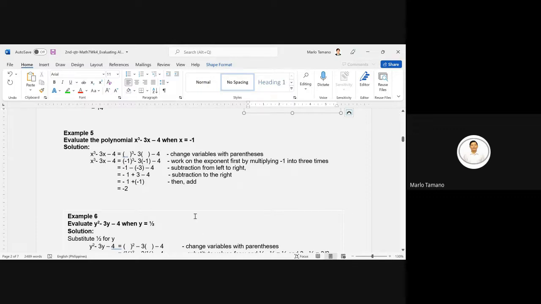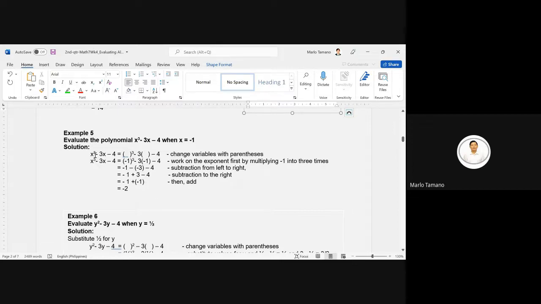Pinaintindi ko sa inyo ang subtraction of integers. Dalawa lang po yung gagawin natin doon: change the operation symbol to addition symbol, then change the sign of the subtrahend, then proceed to addition.